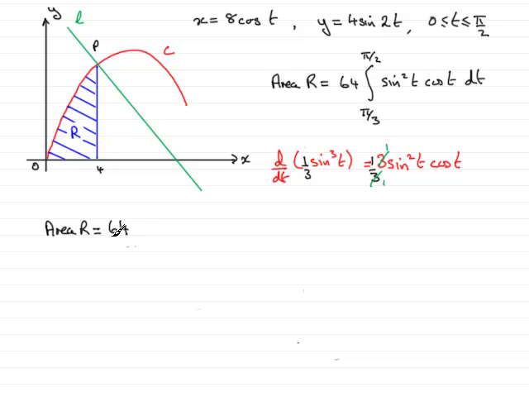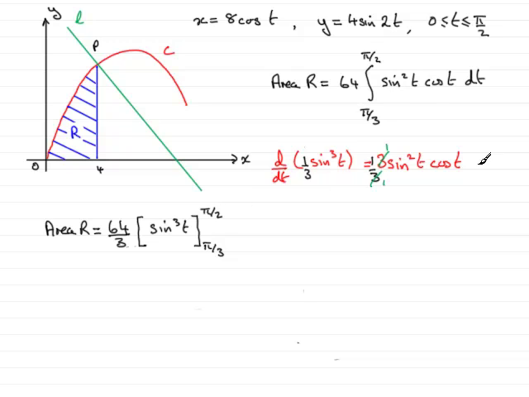So I'm going to put the 3 from the third underneath the 64, and then because we have limits in this, we just use some square brackets, and we have sine cubed t going from the lower limit pi upon 3 to the upper limit pi upon 2.